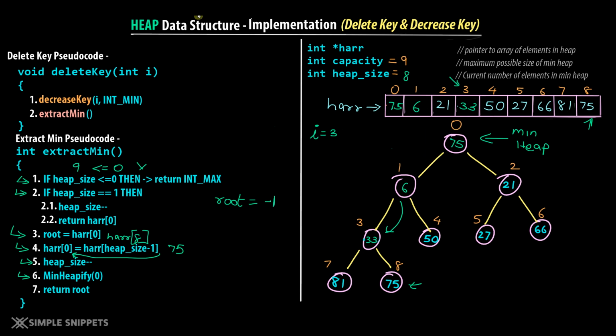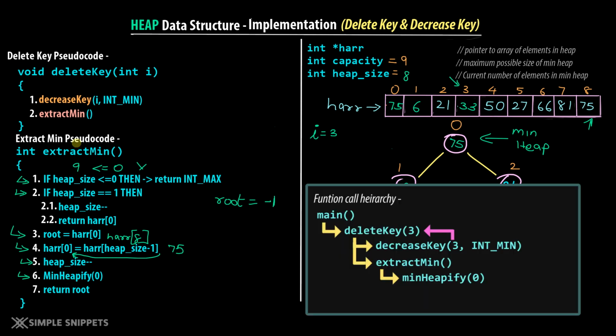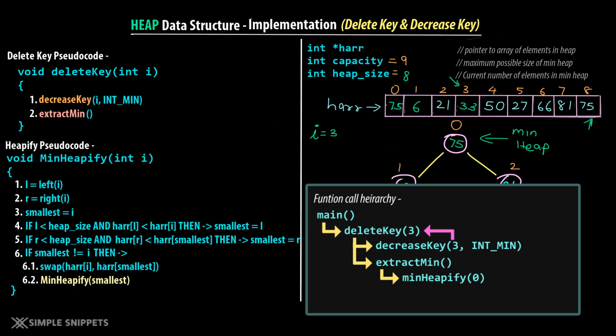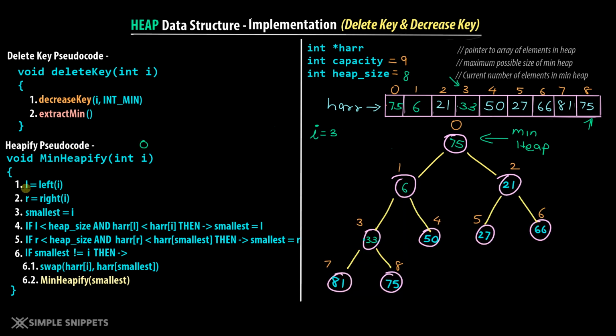So let's see the min heapify function quickly. Extract min will now call min heapify. So basically delete key called extract min, and extract min is calling min heapify now. I hope you get the flow of the different function calls. Okay, so from the extract min we've called heapify. This is the heapify code and we've passed 0, right? Now we create L equals left of I. Let's write L over here.